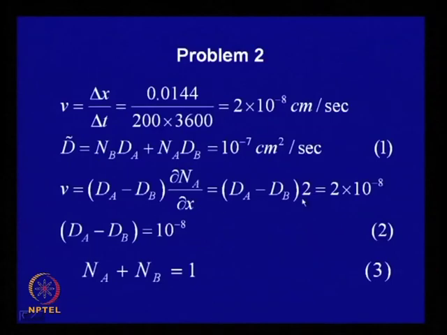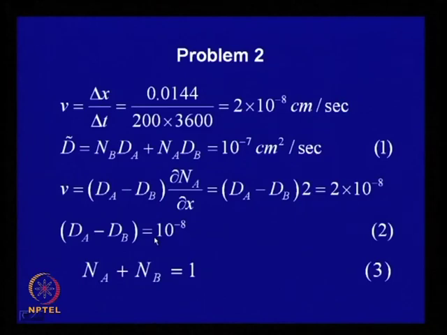So, you substitute it here. What do you get? This is 2, it is given, and this is equal to this. So, therefore, you have D_A minus D_B equal to 10 to the power minus 8.